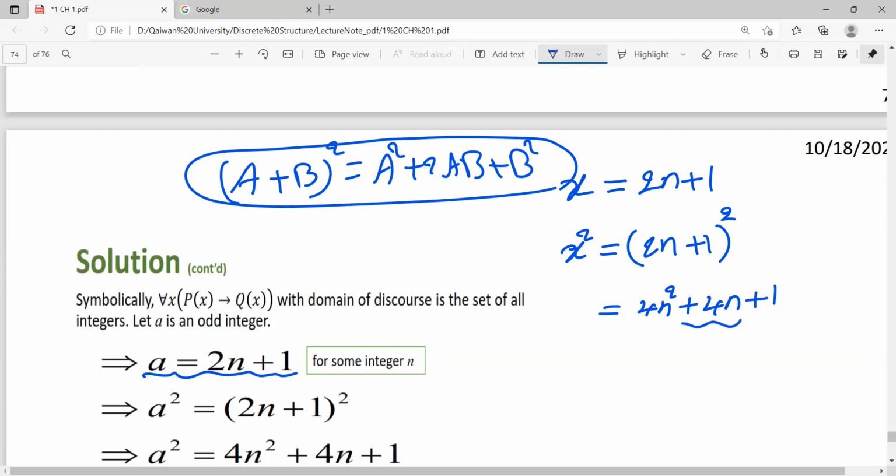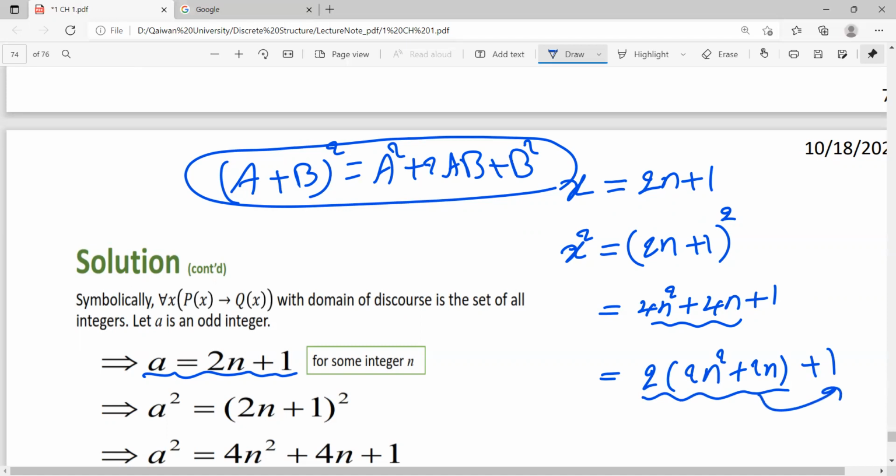Between these two terms, we can take 2 as the common factor. It equals 2 times (2n squared plus 2n) plus 1. If we multiply any integer by 2, we get an even number. So this part is even, and plus 1 is odd. If we add 1 to any even number, it becomes odd.